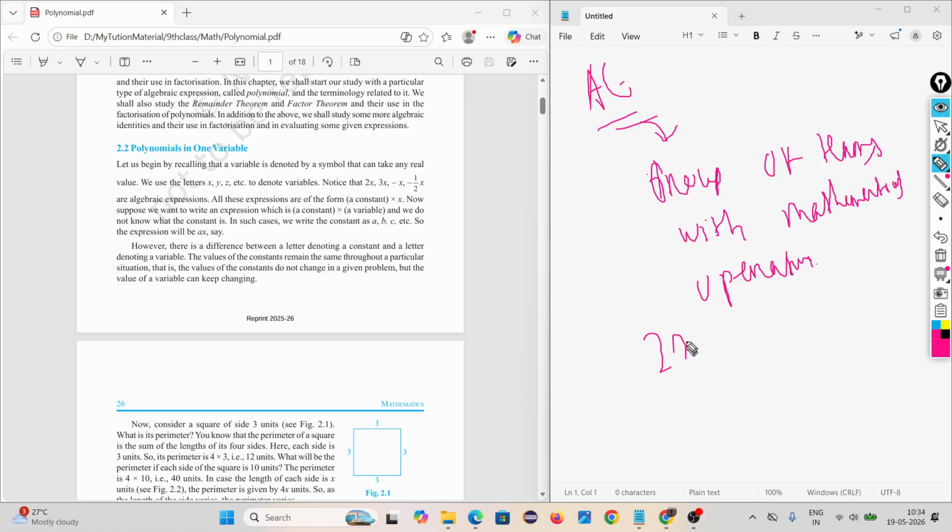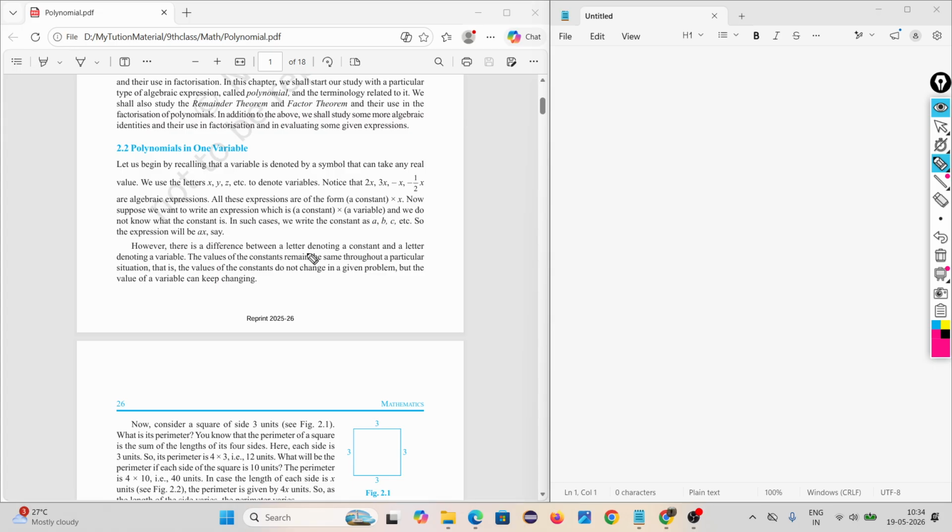Like 2x is a term, 3 is a term, this is a term, this is also a term, and this is nothing but a mathematical operator.